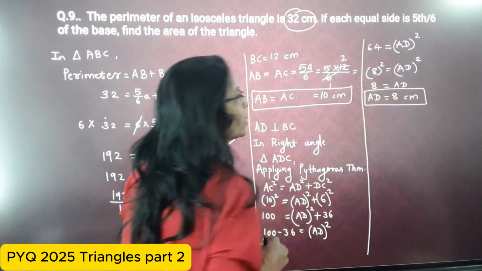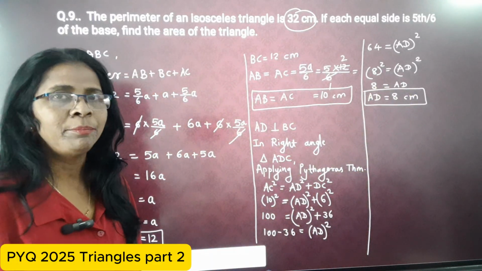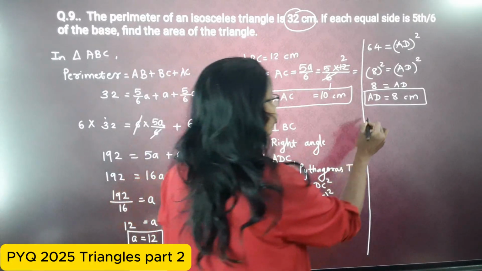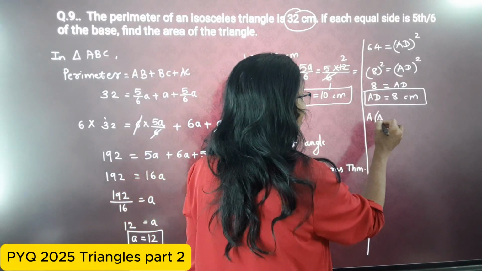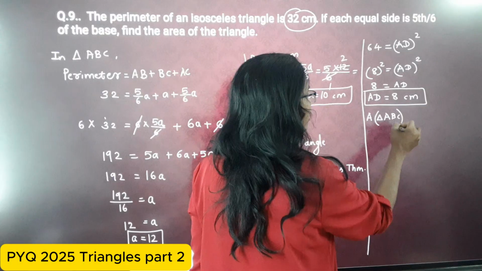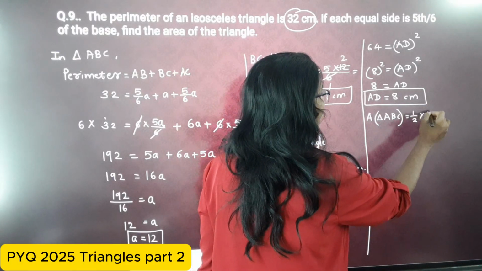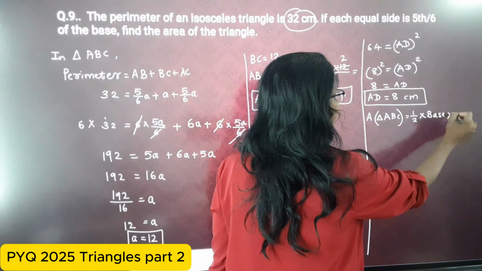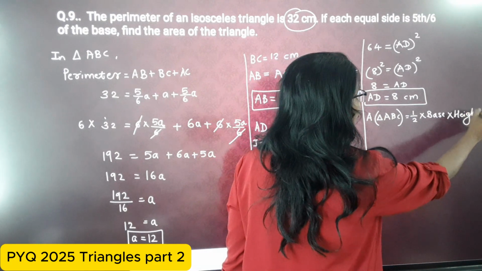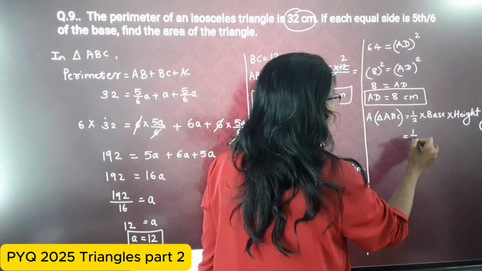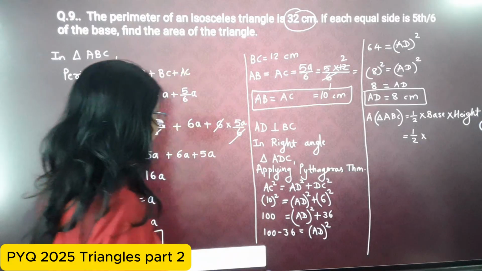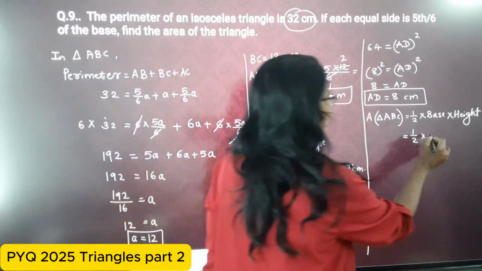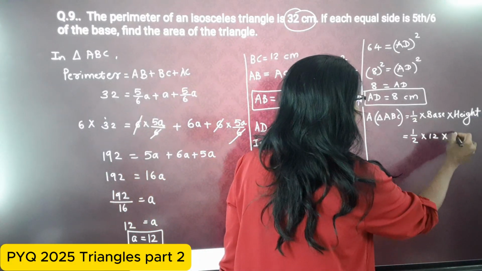So now here students, we have the base and the height. So here we can use the formula: area of triangle ABC is equal to half into base into height. So now half into base, that base is A, that is 12, and the height that is AD, which is equal to 8.